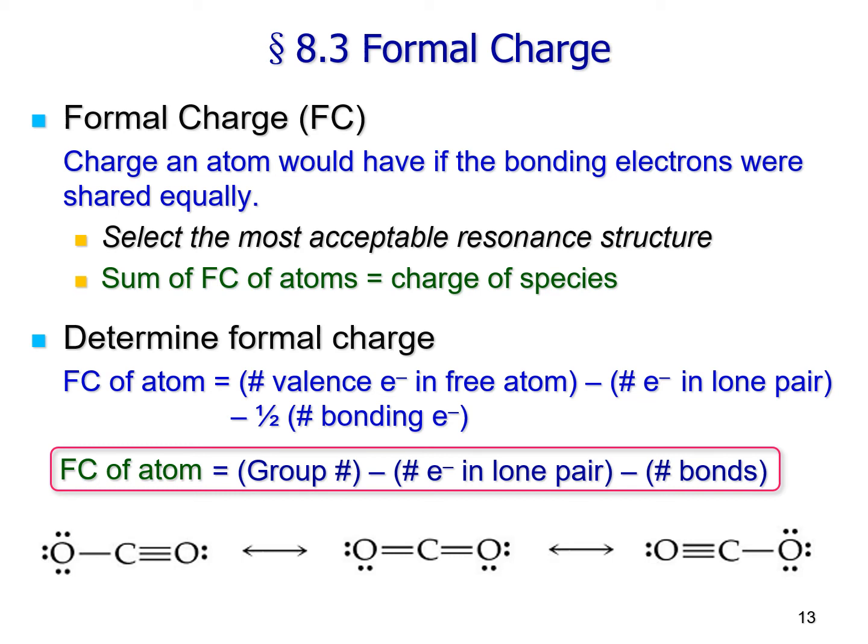If you have a polyatomic ion, the sum of formal charges must be equal to the charge of that polyatomic ion itself. And this equation here could give us a much easier way to calculate the formal charge under certain circumstances, as we'll see later on in our example.